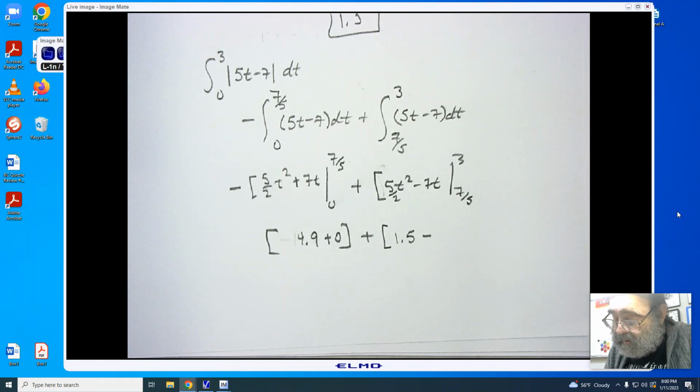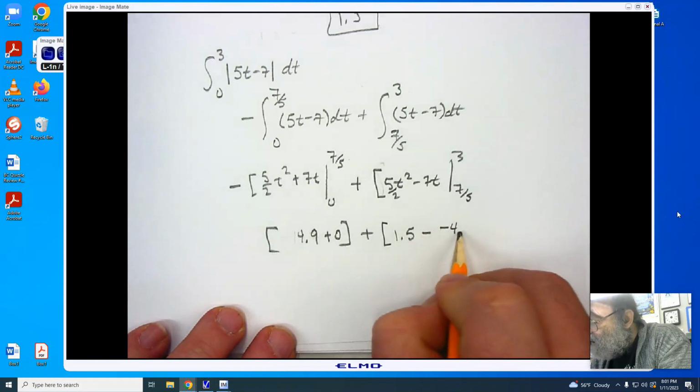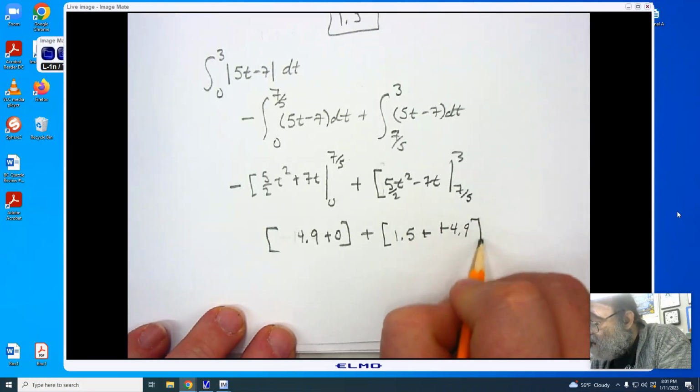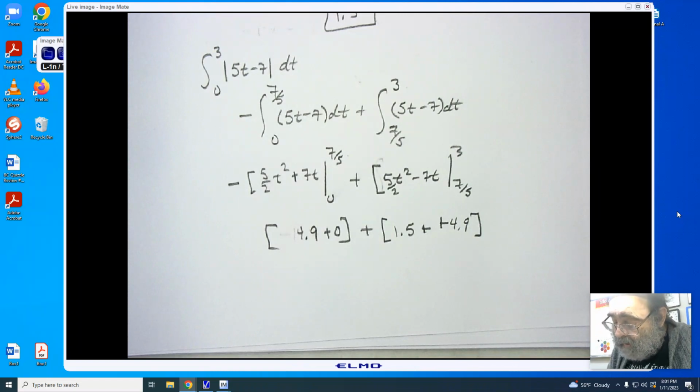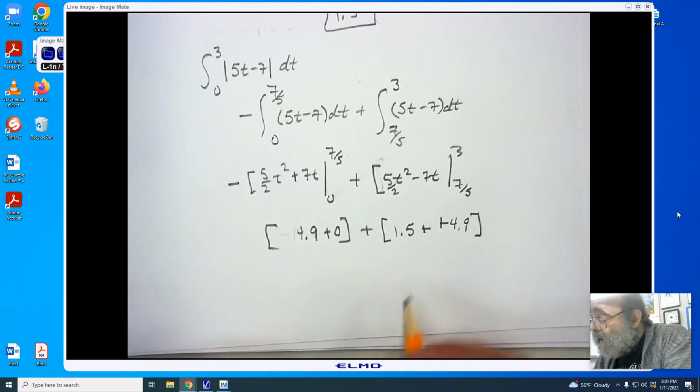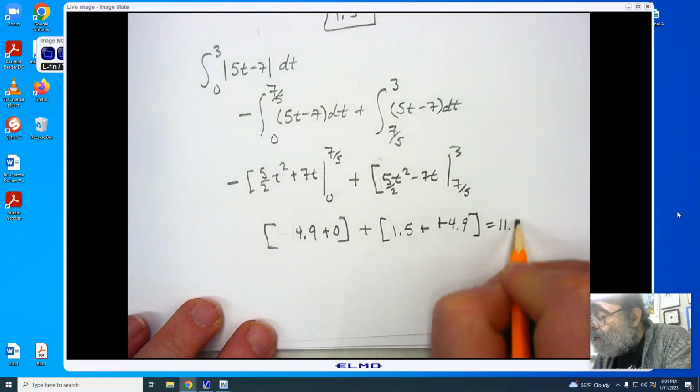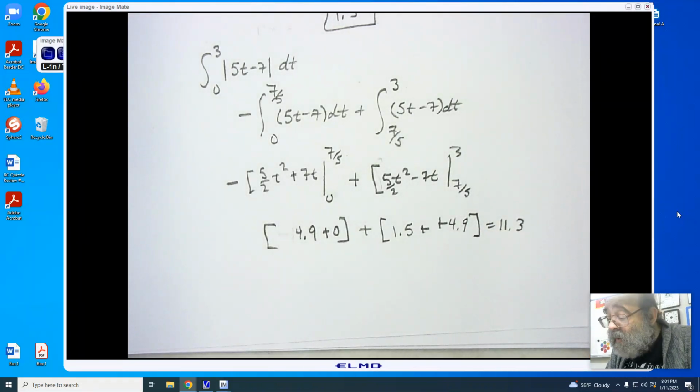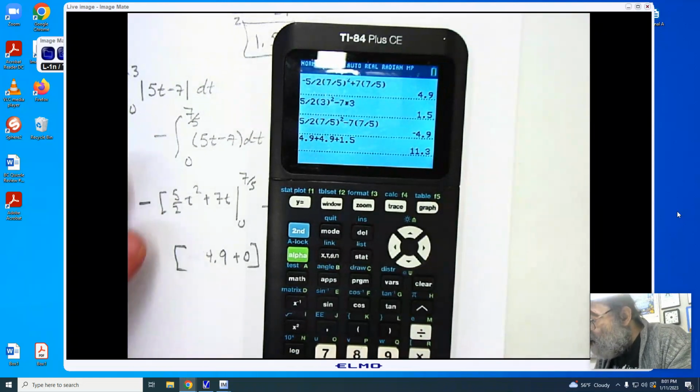So 5 divided by 2, parentheses, 7 divided by 5, the quantity squared, minus 7 times 7 divided by 5, hit enter, and I get a negative 4.9. So the double negative makes it a positive, and I'm now adding 4.9 plus 4.9 plus 1.5, and I'm getting 11.3.